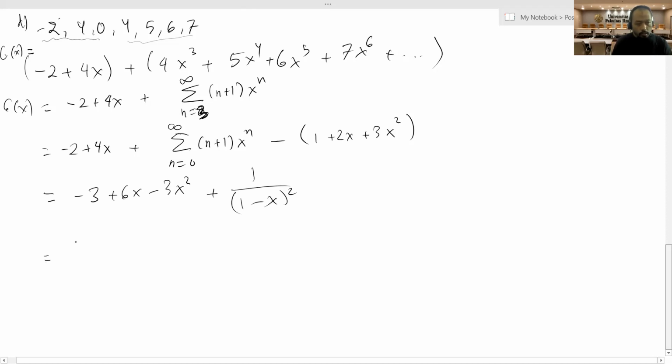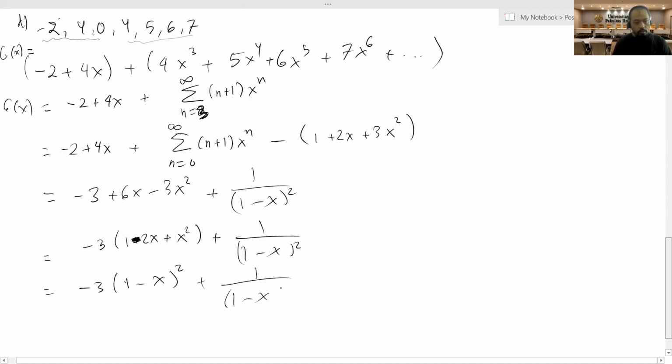This is actually minus 3 times (1 minus 2x plus x squared), plus 1 over (1 minus x) squared.